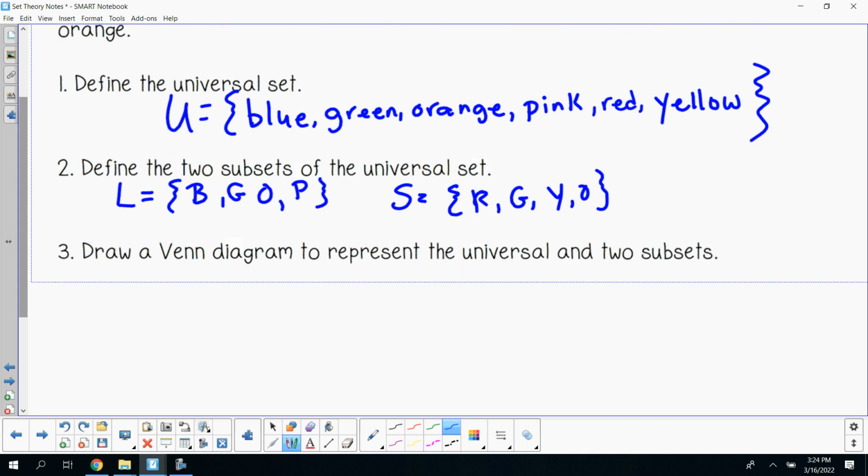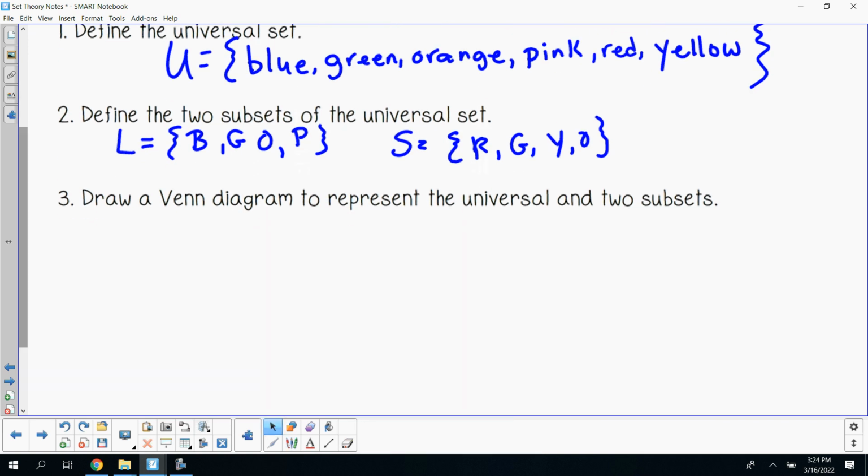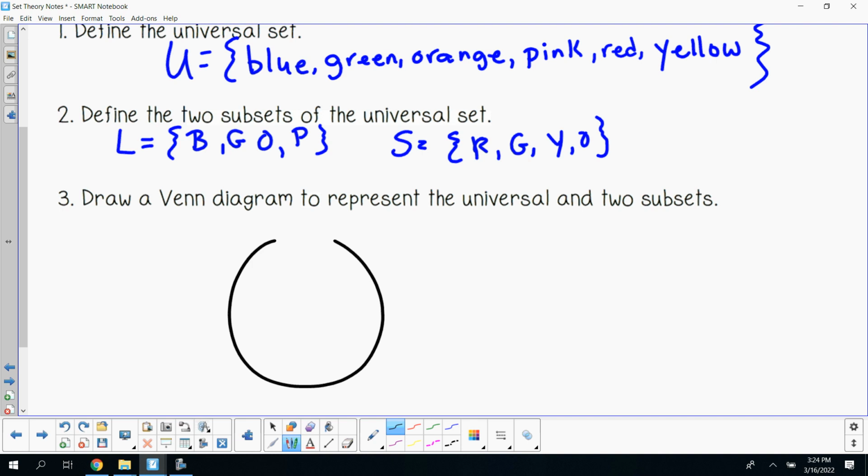Okay, let's draw a Venn diagram to represent the universal and the two subsets. So in our Venn diagram, we're going to need two circles. A circle here, and we have another circle here. One circle will represent our large bag, and the other circle will represent our small bag.